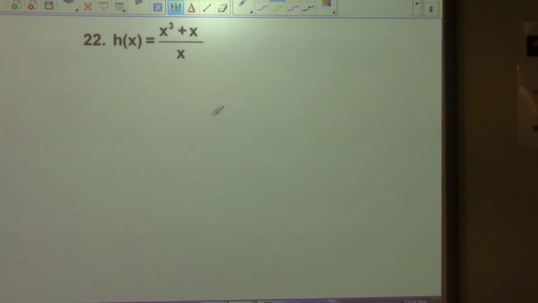On 22, it says graph, but before you graph it, is there a point of discontinuity at x equals 0? Yes. How do you know this without graphing? Without graphing, you look at it, you know there's a point of discontinuity at x equals 0. Why is that?